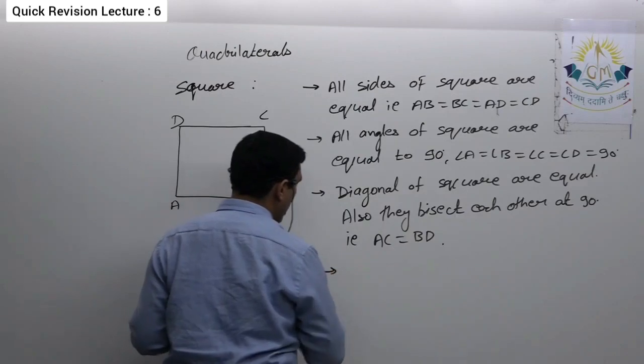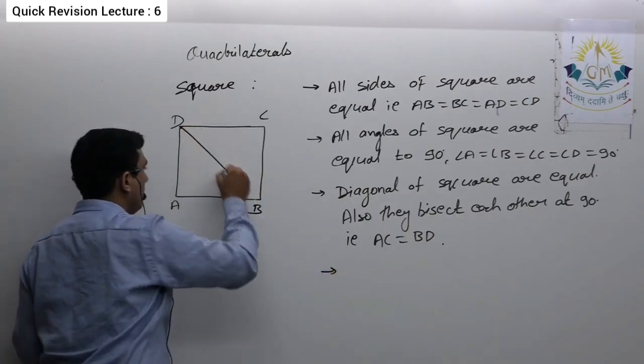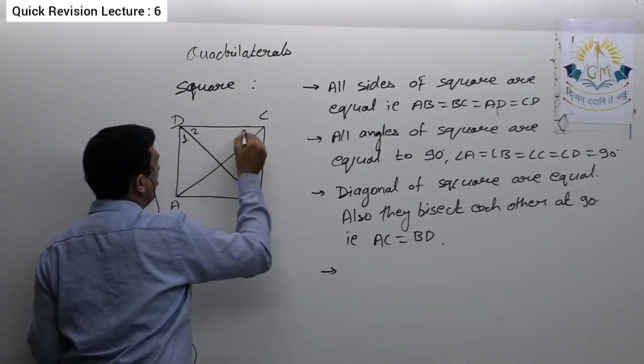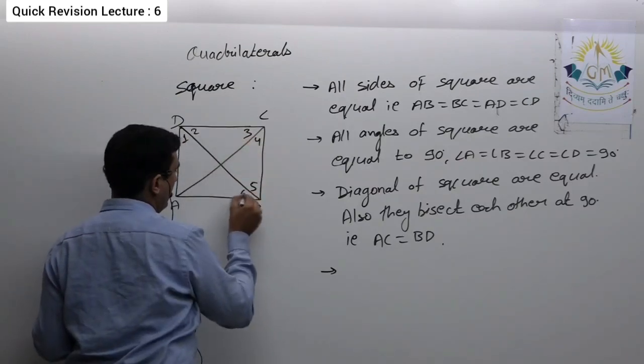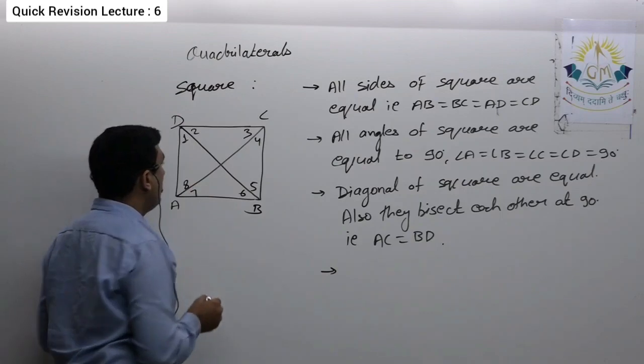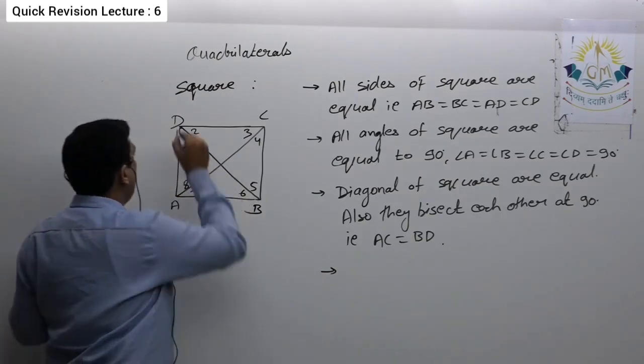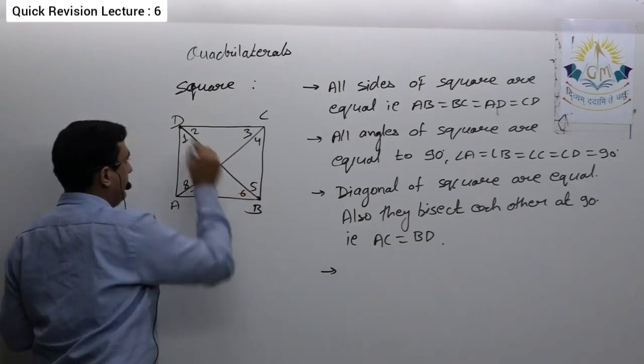Now the last property, which is a property of the square as well as of the rhombus. This property says that the diagonal of a rhombus or square bisects the angles at its vertices.